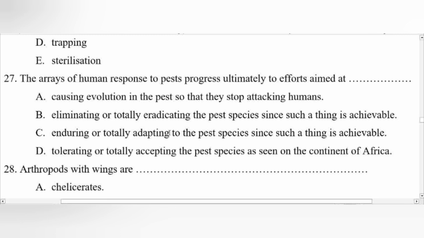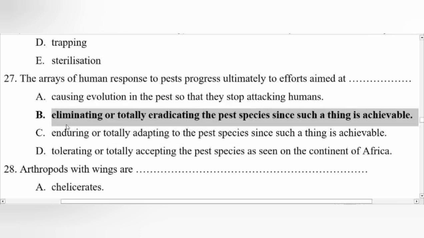Then C, enduring or totally adapting to the pest species since such a thing is achievable: no, we don't really have to adapt to them. Eliminating or totally eradicating the pest species, yes. In fact, our response ultimately reaches the stage where we try to eliminate or eradicate the pest, and it is achievable, something that can be done.